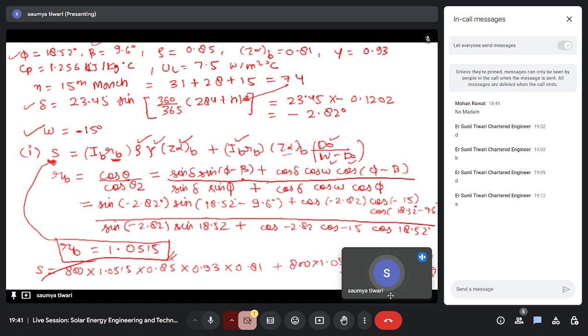If you solve this, your S value will come to be 554.563 watt per meter square.